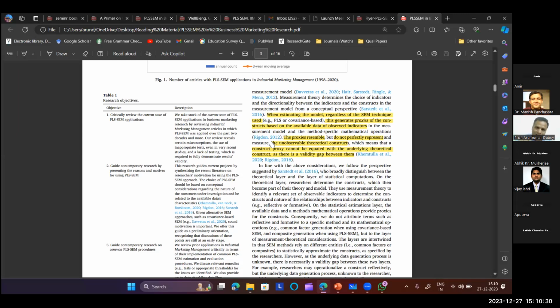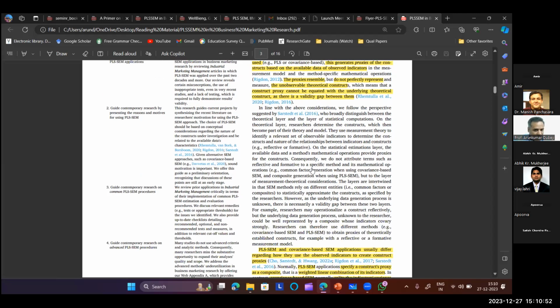In PLS-SEM you don't estimate the exact latent construct, you generate proxies. The algorithm generates proxies, and critics say that this proxy is not a latent construct. That's why the criticism starts.